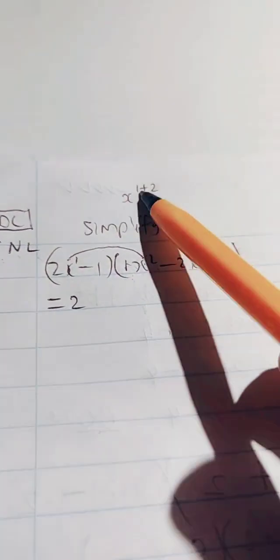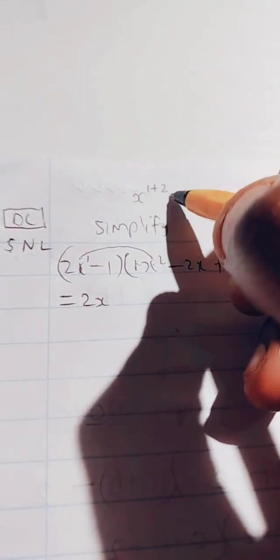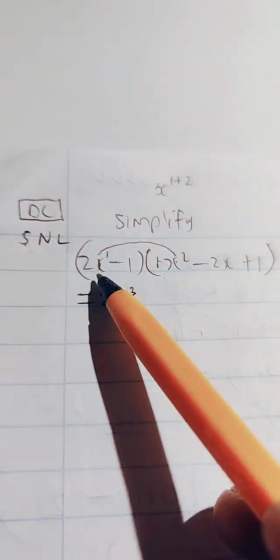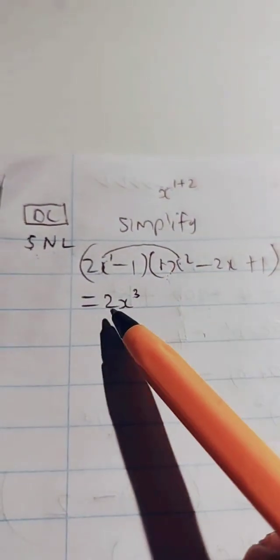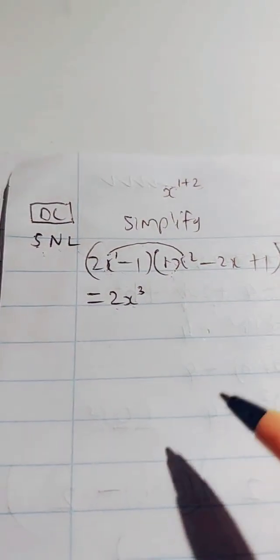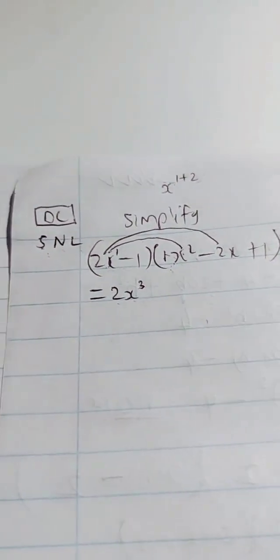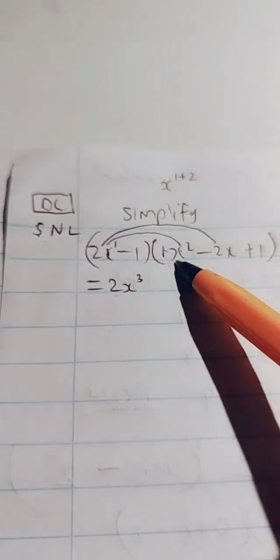There's a 1 there and a 2 there. 1 plus 2 is 3. So 2x times x squared gives you 2x cubed. You are not done. You distribute the 2x to the negative 2x now. You see the 2x does his job.